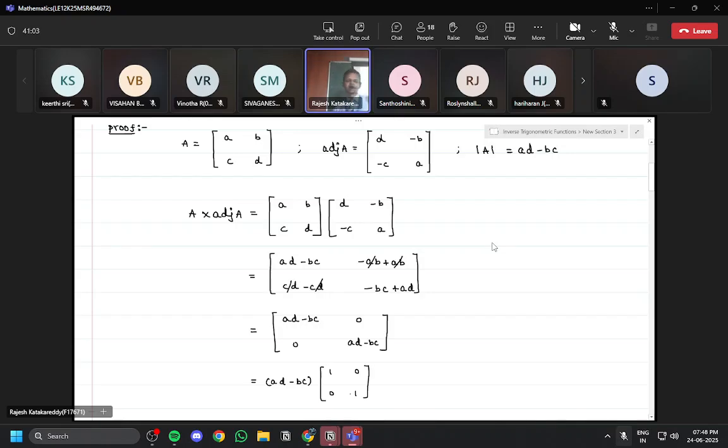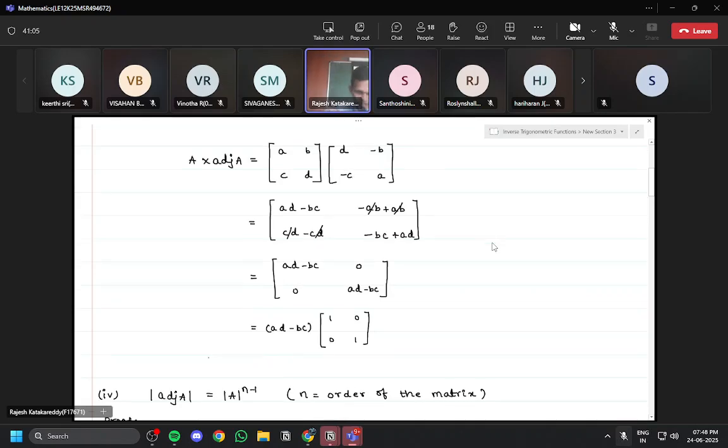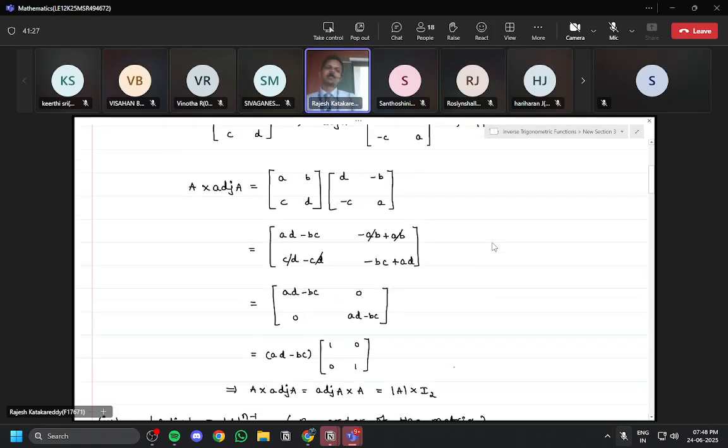Clear? So this implies A into adjoint A is equal to adjoint A into A, which equals determinant of A into the identity matrix of order 2. We proved this here. Clear? Any doubt in any part of this?